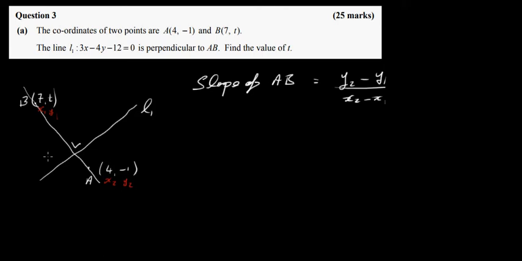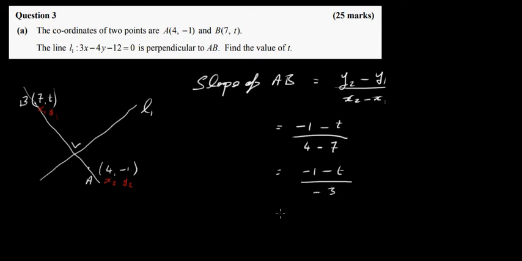So we want y2, which is minus 1, and we want to subtract y1, which is t. And underneath we have x2, which is 4, and we want to subtract 7, which is x1. So when you do that, you get minus 1 minus t over minus 3.